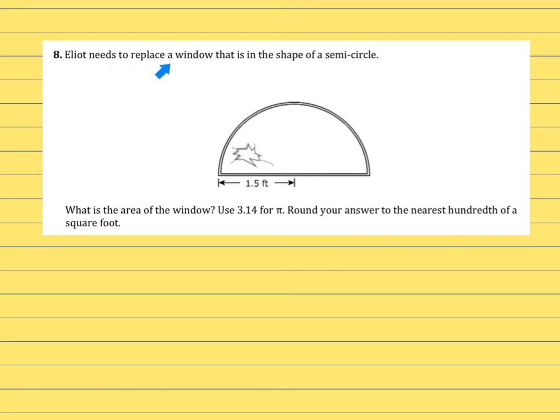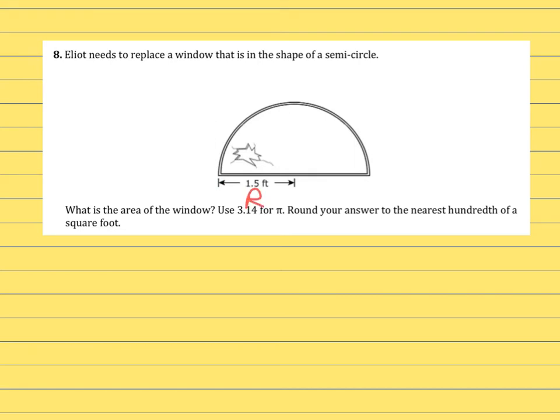Question 8, Elliot wants to replace a window that's in the shape of a semicircle. What is the area of the window? Use 3.14 for pi, and then round your answer to the nearest hundredth of a square foot. So we only want 2 digits behind the decimal when we finish. Right now, we already know the radius because this is showing me halfway across.